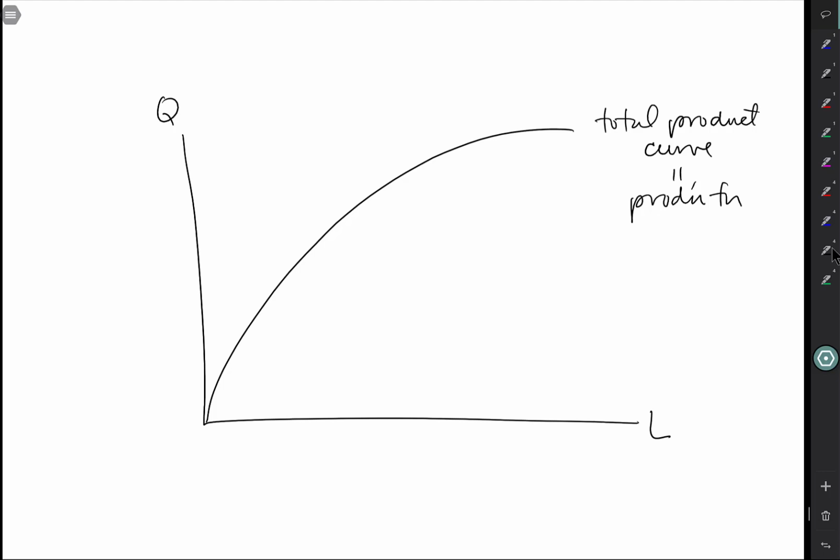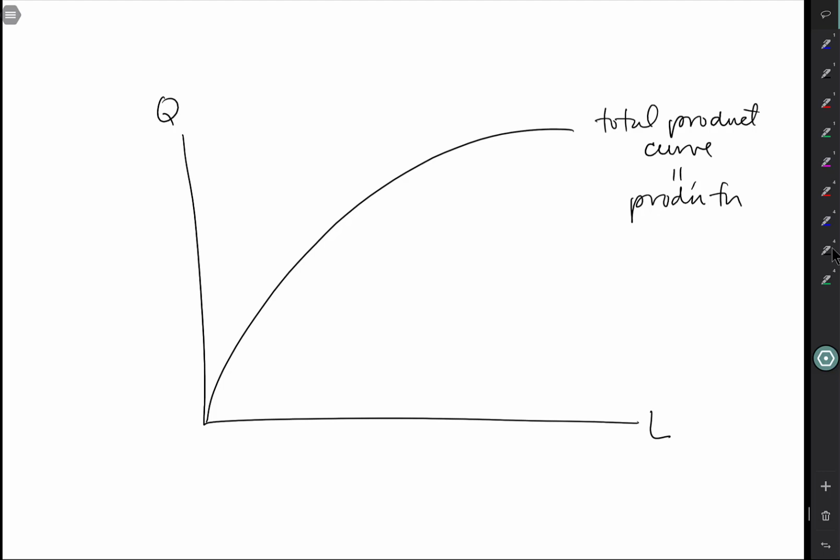But basically, the slope of a total function is always the marginal. So if we're plotting a total cost curve, the slope is the marginal cost. The slope of any total, whether it's in an econ class or not, is always interpreted as the marginal, the rate of change.